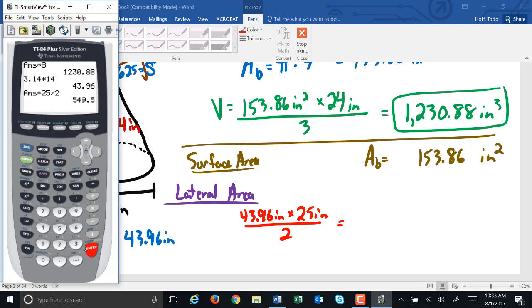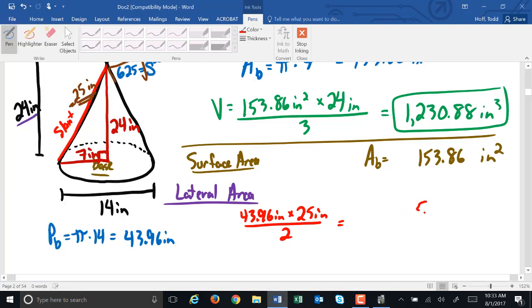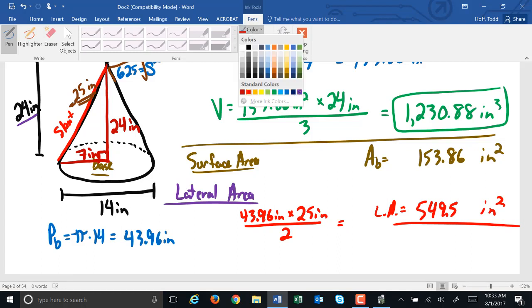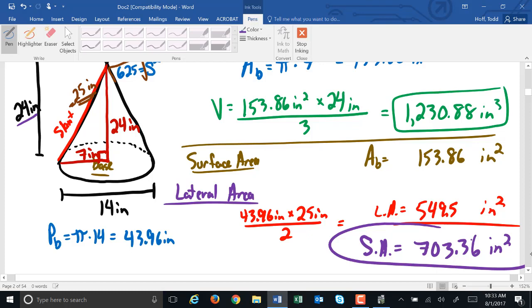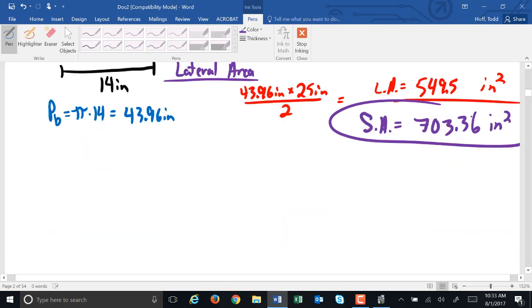So 549.5. So that all adds up to give us 703.36 square inches as our surface area.